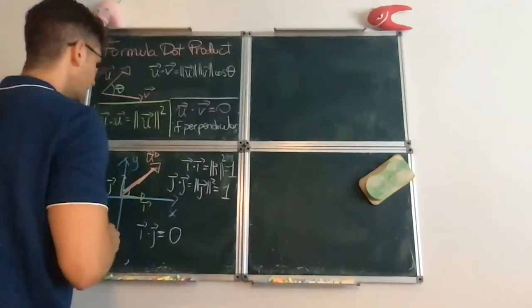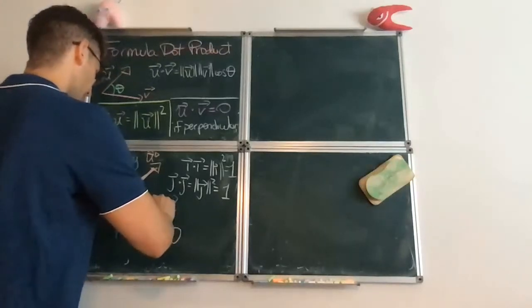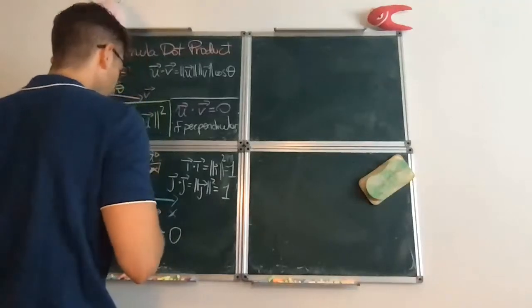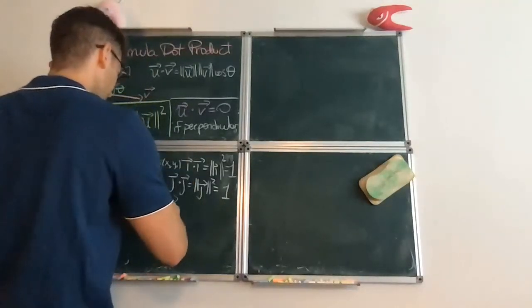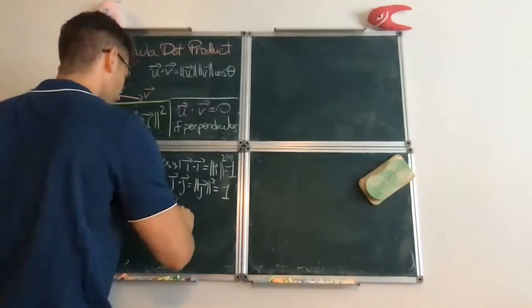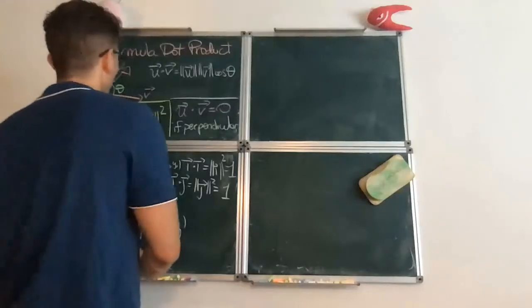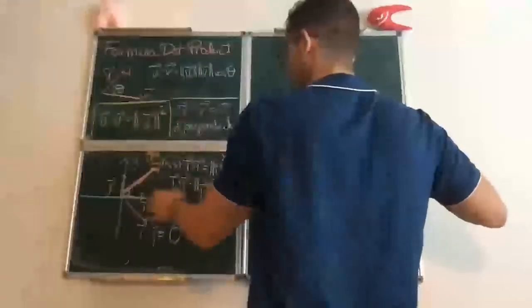Let's say that u is there and v is here. So maybe u represents a point x1, y1. v represents a point x2, y2. So what is u dot v? Not using this formula, but rather using these properties.